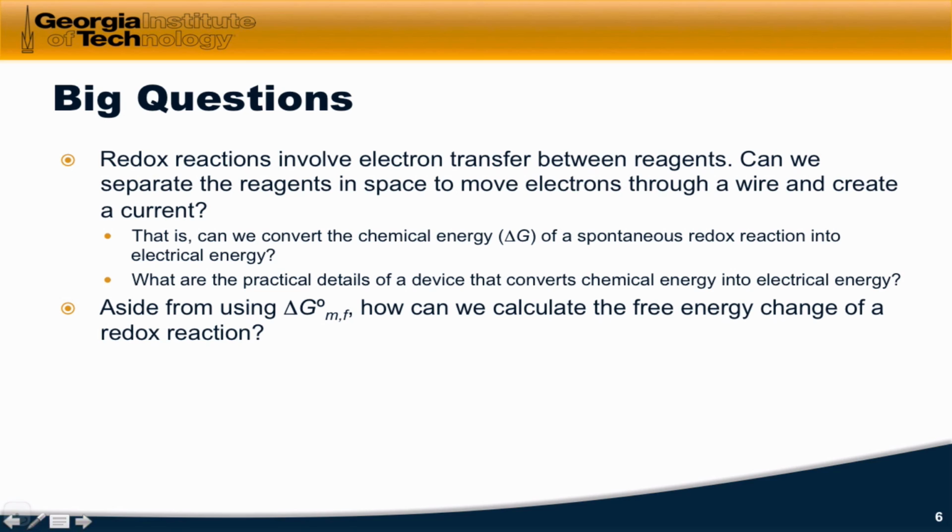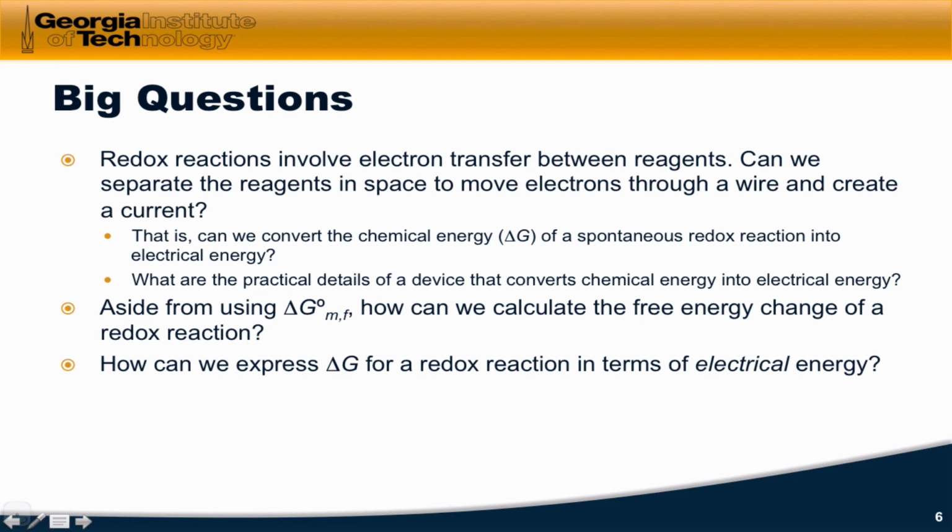A related question is, if we're going to convert chemical energy in the form of a delta G of reaction into electrical energy in the form of a voltage, how can we calculate the delta G for a redox reaction aside from using delta Gs of formation? Delta G of formation is a perfectly useful method to use even for redox reactions, but it can get a little cumbersome, especially when calculating a voltage is really our goal as opposed to a change in free energy.